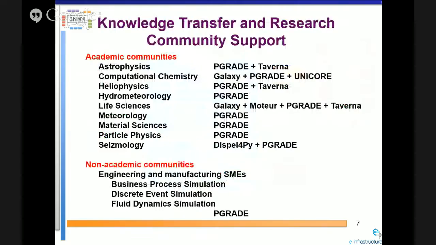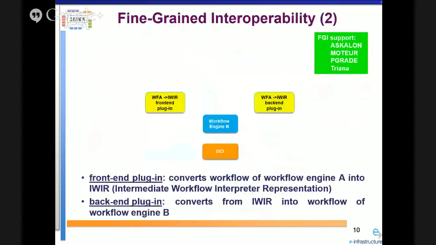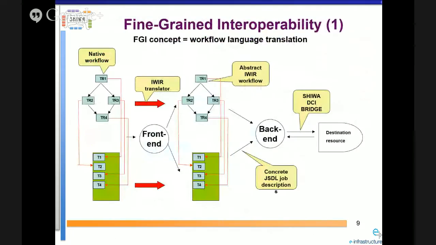I was asked to give a short presentation about the other approach. There is no Taverna support because fine-grained interoperability is the other option. It is based on workflow language translation, and the major advantage is that it's flexible if you compare it to the black box approach.